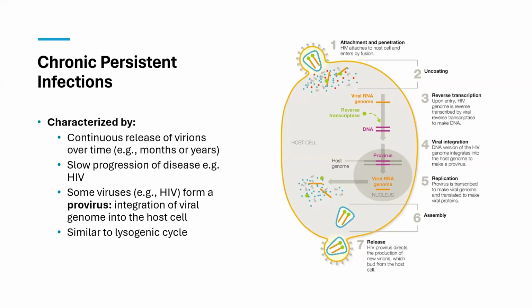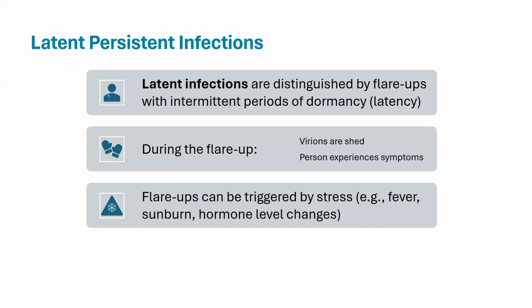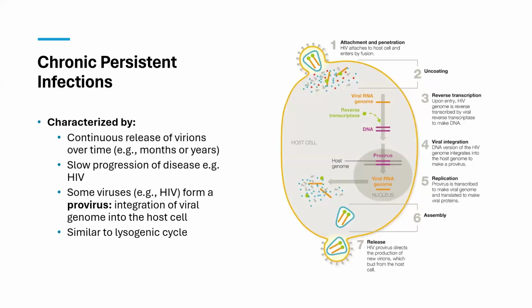This is similar to a prophage, kind of like the lysogenic cycle, where the genome of the virus inserts itself into the host genome. And then periodically, through stress, you get the formation of new virions, which can slowly release out of the cell over time. A good example of this would be something like HIV.